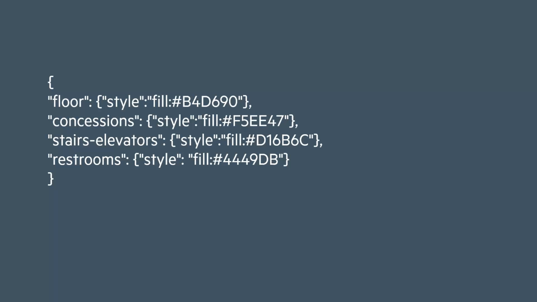There are more map elements defined, and these are detailed in the online help, but for this demonstration I've chosen just 4 of the more common elements that I know are used in my map. So it's the floor, the concessions, the stairs, elevators, and the restrooms.